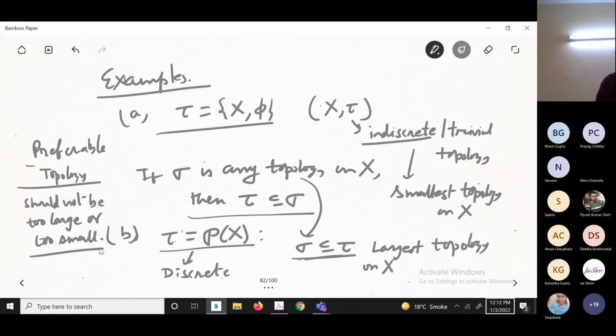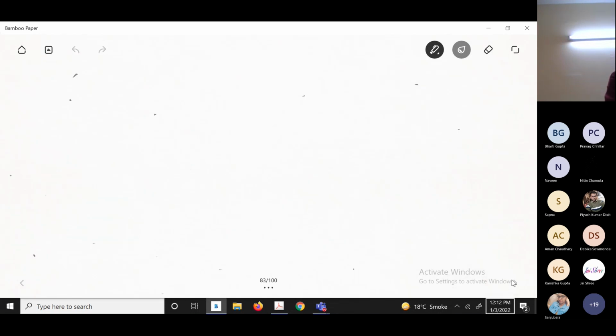That will give you some control over the topology automatically. So if you want to study a good topology, it should not be too large, too small. So two topologies, first you should remember: discrete topology and indiscrete topology.